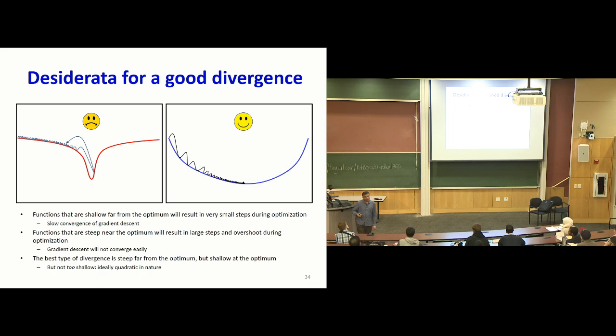So it turns out almost pretty much the best case that you can get for a bowl, which actually ensures you get to the minimum in the fastest you can, is a quadratic. If it gets more bowly than a quadratic, then it's going to become too flat near the minimum. If it's less so, then you're going to get the first case, which is not a good thing, right?